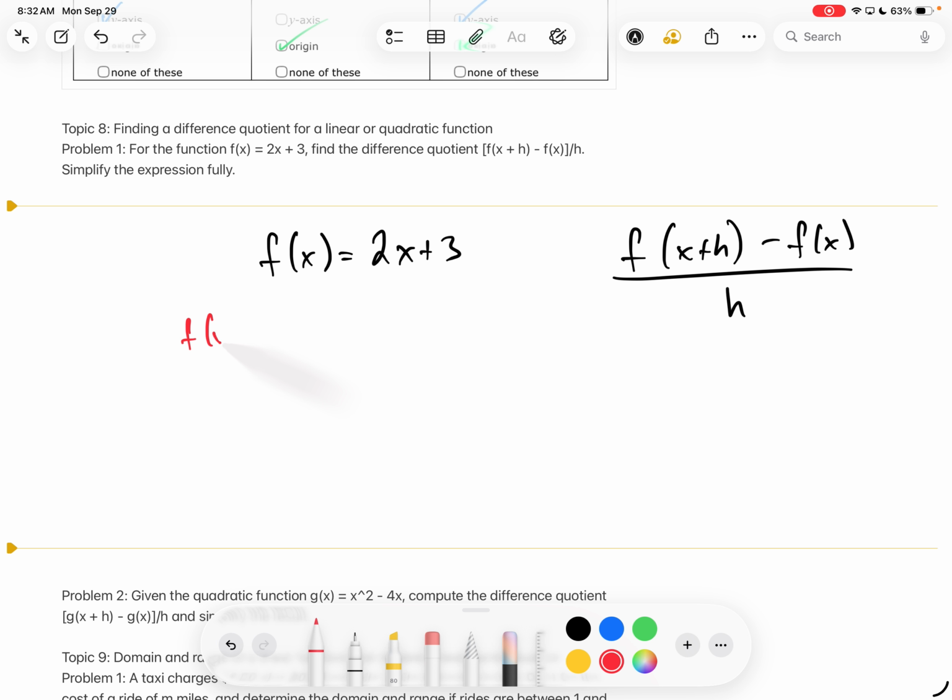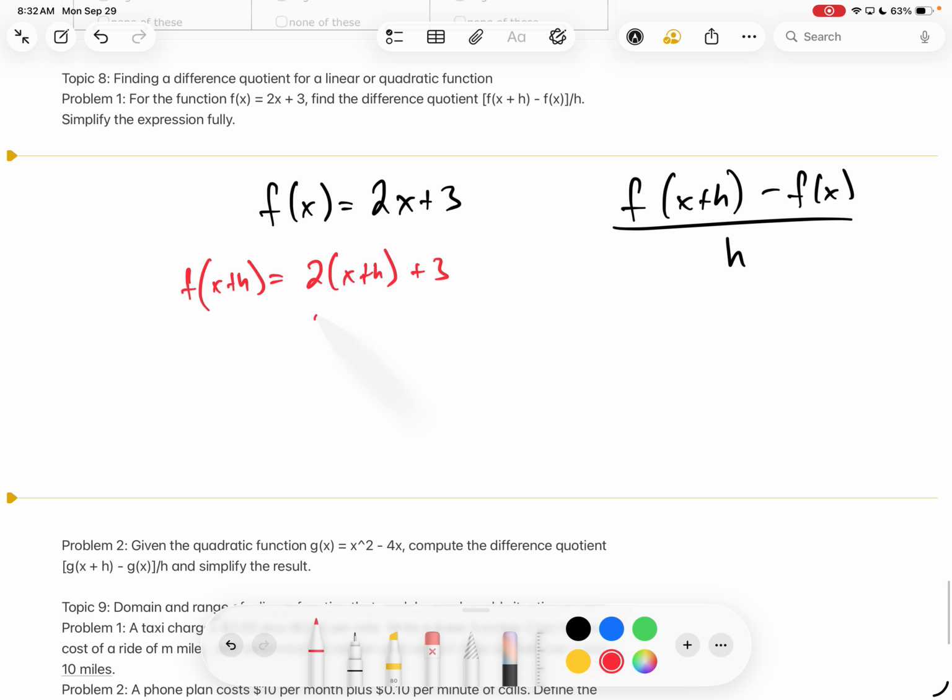So if I find f of x plus h, that would be like plugging x plus h into the x's. So 2 times x plus h plus 3. Distribute the 2, it'd be 2x plus 2h plus 3.